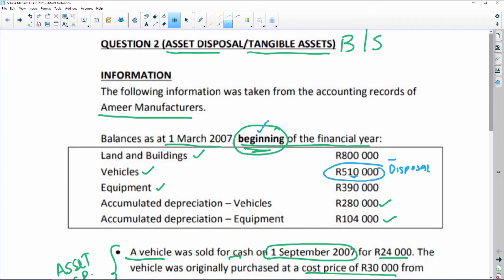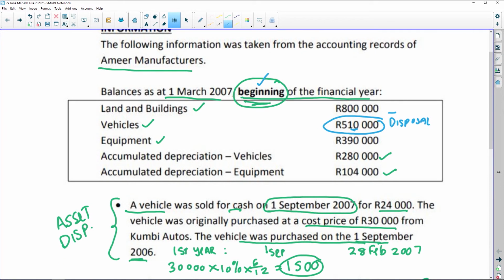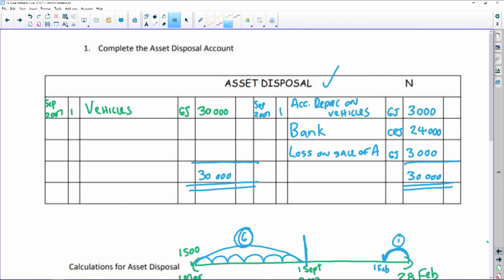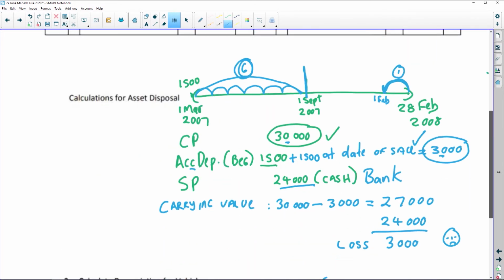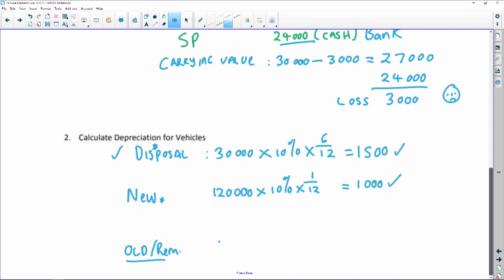So 510,000, I first need to minus the disposal cost price, which was 30,000. So I want you guys to please remember that. So 510,000, let's do that together. So 510 minus the amount that got transferred to asset disposal, and that was the 30,000.